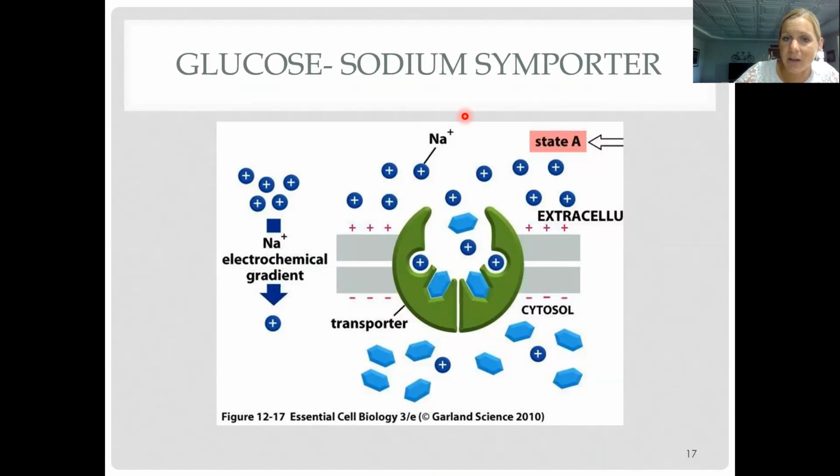Instead of needing ATP as my fuel source, I actually use the gradient of salt to allow those sugar molecules to also move. If I have one sodium and one glucose molecule, I can move them across the membrane together without needing an energy input from ATP, which is nice. So that's a glucose-sodium symporter.